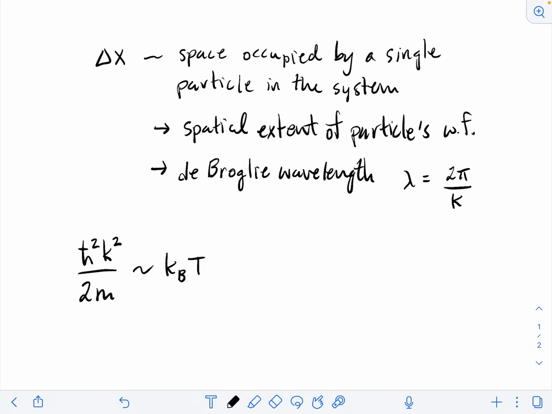And so if we use this, we can solve for k: 1 over k would be h bar squared divided by 2m kBT, and then take the square root of all of that.